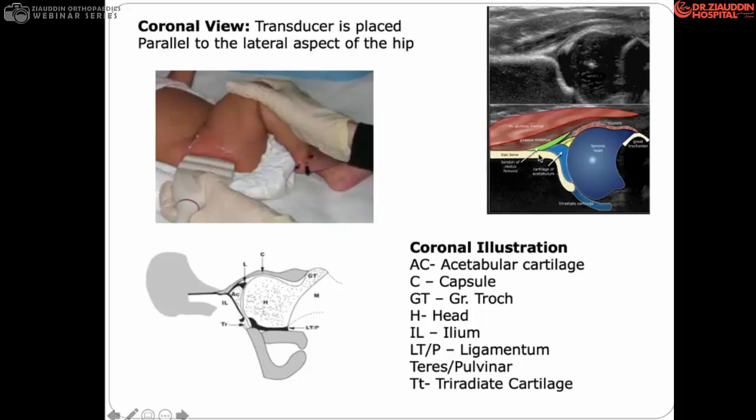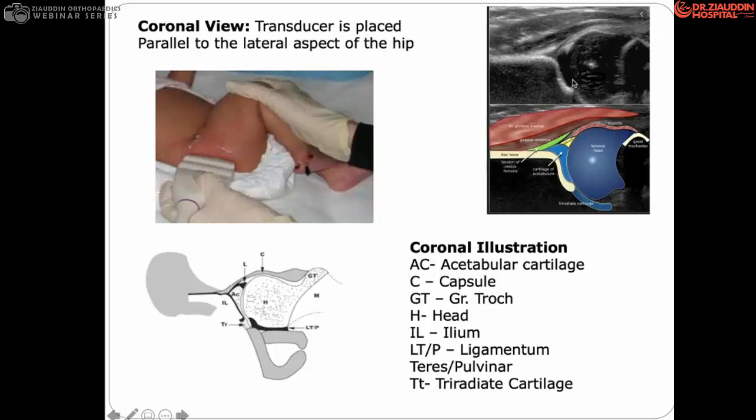So the ilium has a transverse axis. Then there is a cartilage here, the acetabular cartilage. Over the acetabular cartilage is the labrum, and this is the capsule, and this is the greater trochanter. So greater trochanter, capsule, the labrum, and then the ilium, and posteriorly you will find the iliac bone.